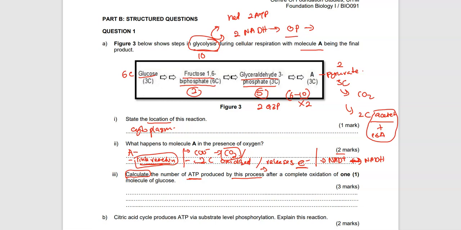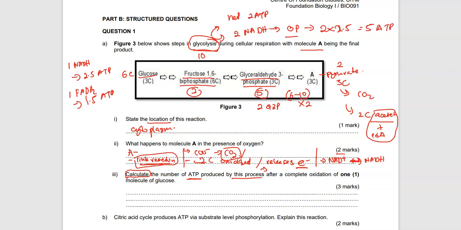You have to know that one molecule of NADH produces 2.5 molecules of ATP, and one molecule of FADH2 produces 1.5 molecules of ATP. So 2 NADH times 2.5, you get 5 molecules of ATP.